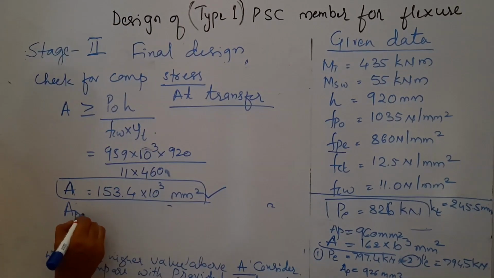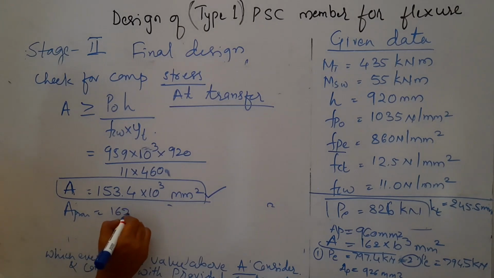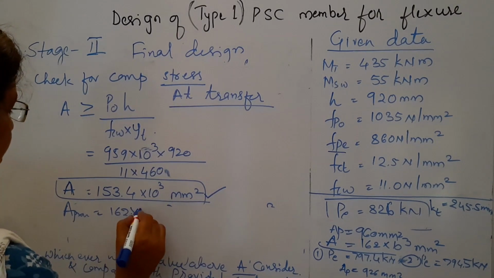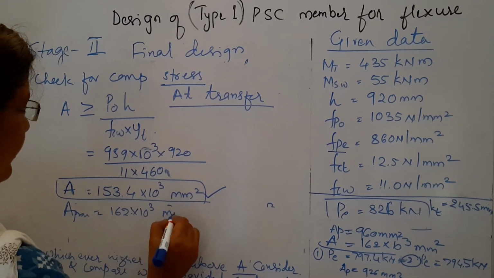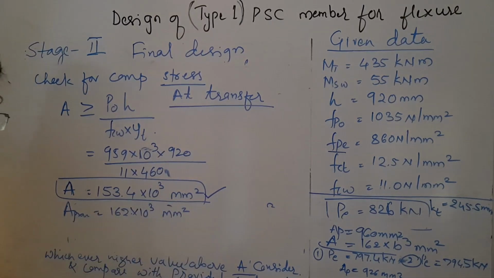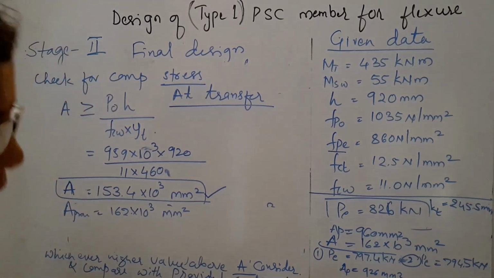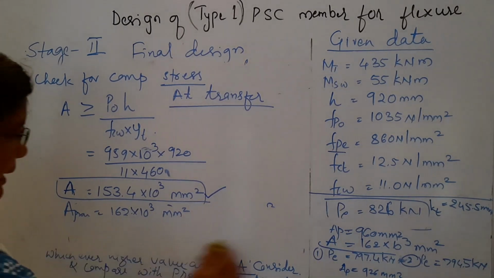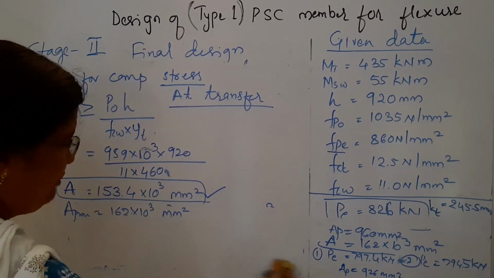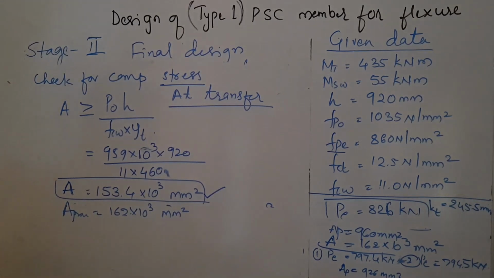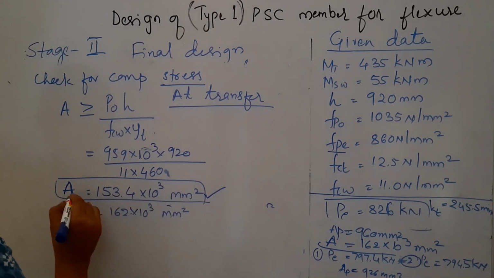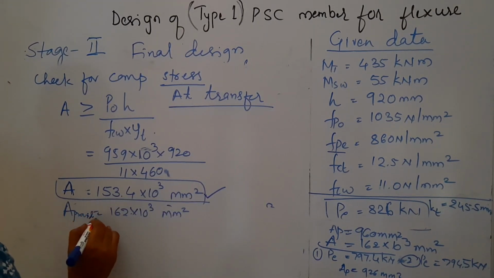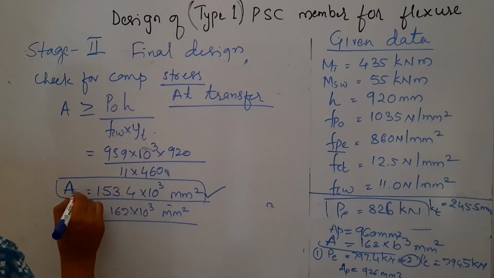A provided is 162 into 10 raised to 3 square millimeter. Therefore, we can write that the selected section has more area compared to the calculated value. The provided value is more than the calculated value.